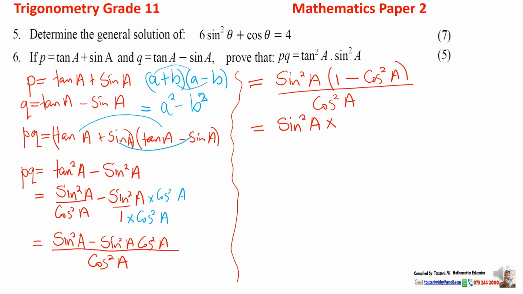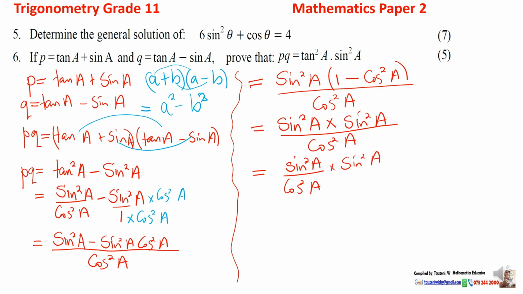So from that identity, we can replace that expression with sine squared A, then divided by cos squared A. Then carrying on, still applying our identities, tan is the same as sine A over cos A. So this is sine squared A divided by cos squared A, then multiplied by sine squared A.